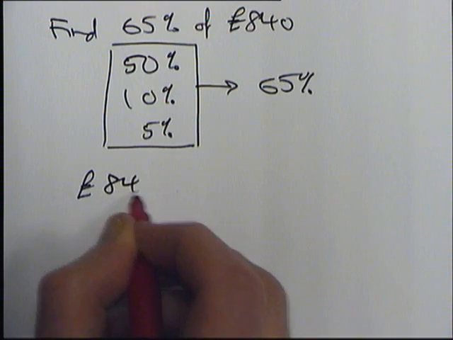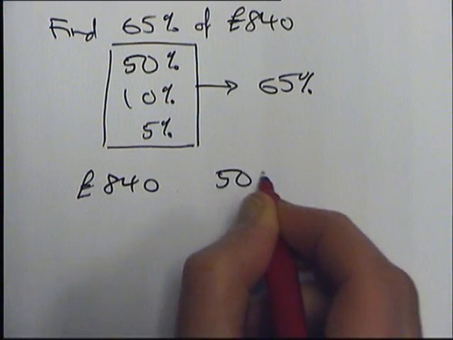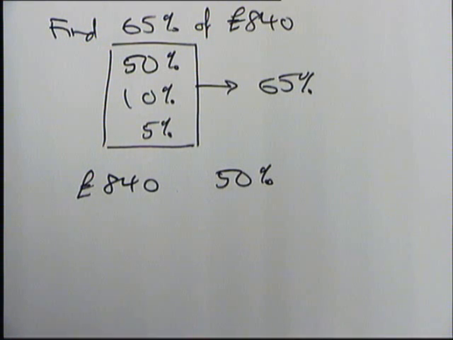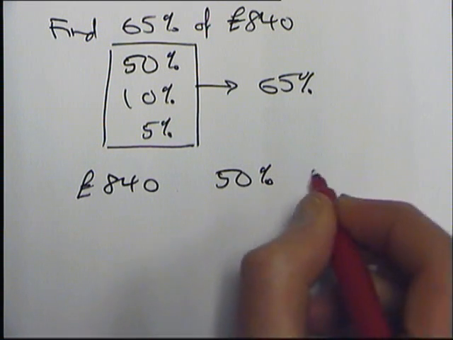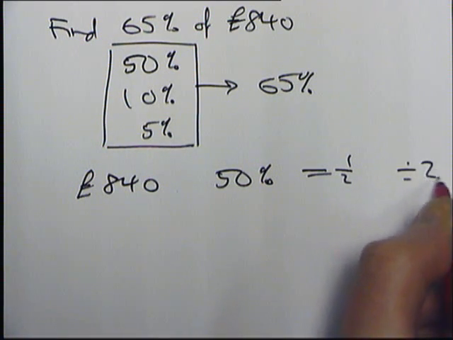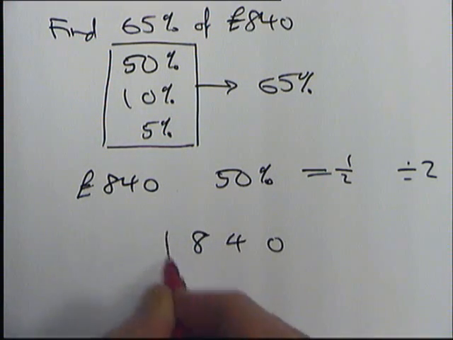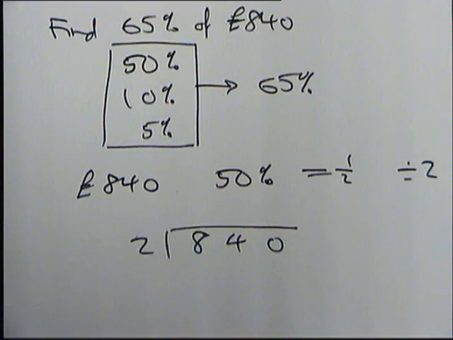So we're starting with £840. First off, we're going to work out 50%. 50% is the same as a half, and a half is the same as dividing by 2. So if I divide my 840 by 2, I will get 50%.